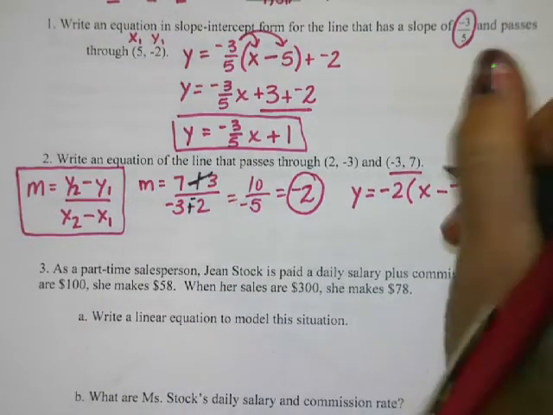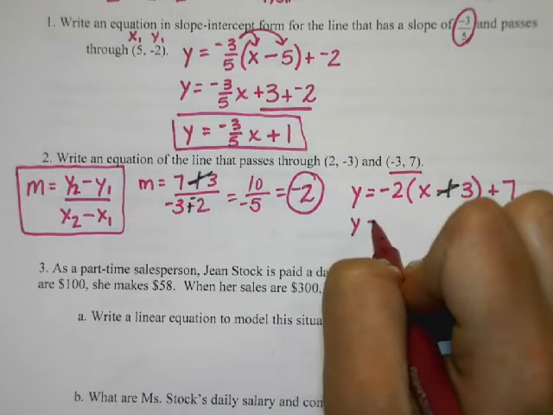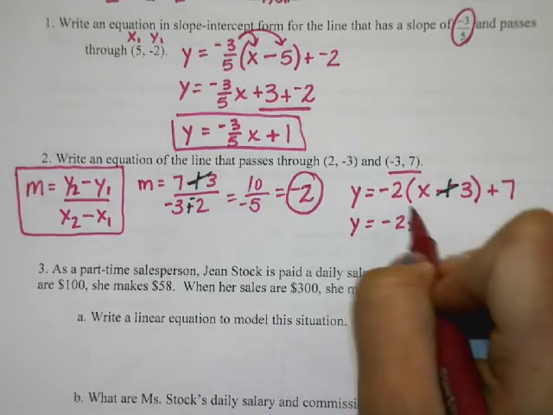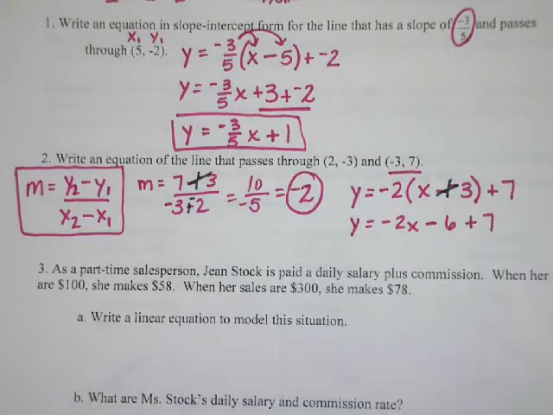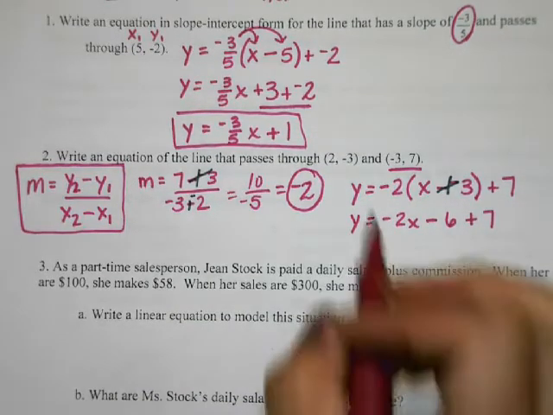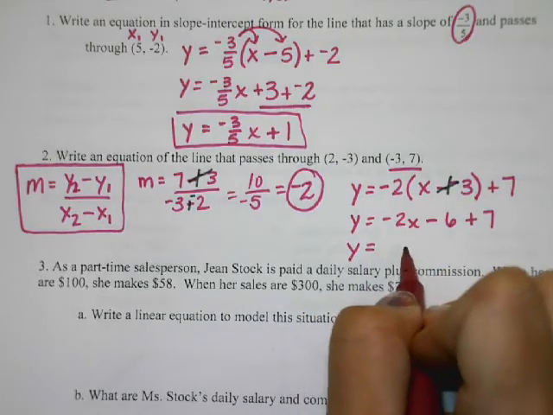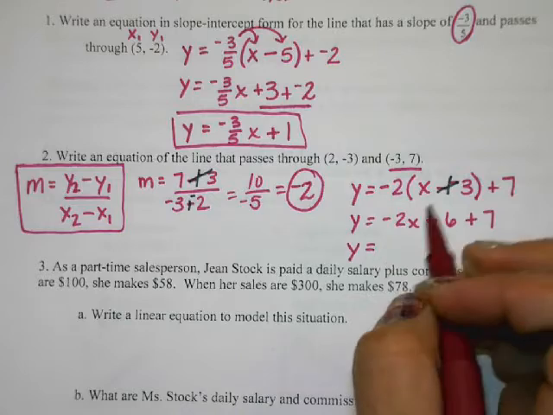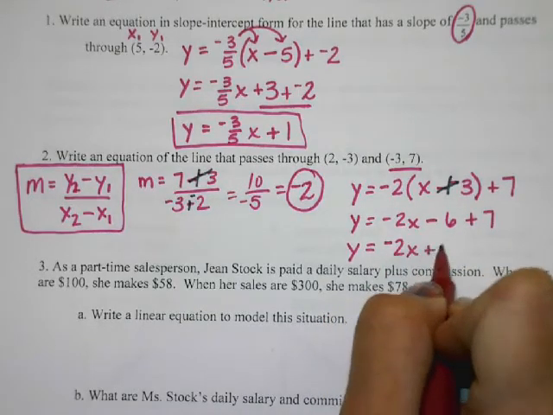Minus a minus becomes a plus. So now let's distribute. Negative 2x. Negative 2 times a positive 3 gives me negative 6. Plus 7. Combine like terms. Negative 6 plus 7 gives me a positive 1.